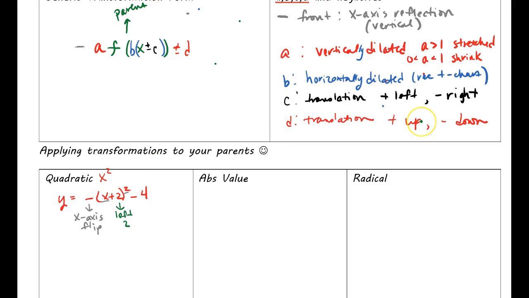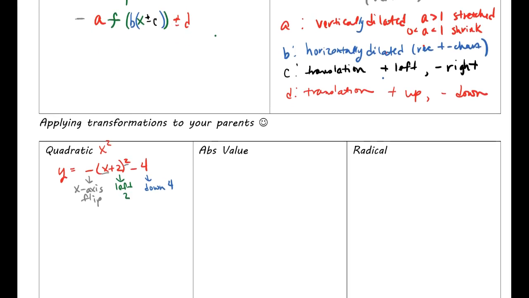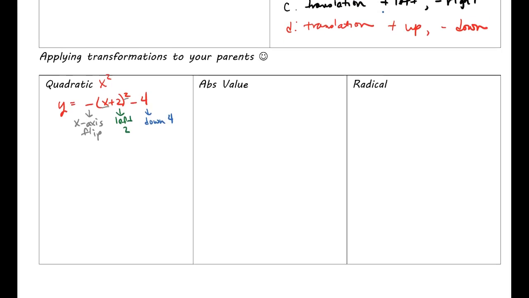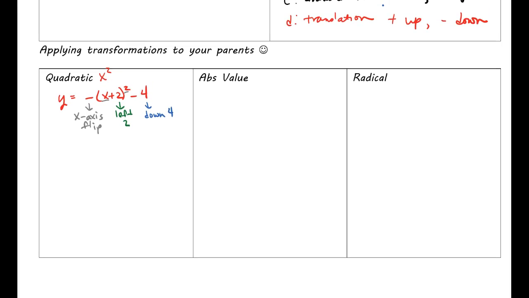And the D says you're going to translate it up or down. So if it's a minus 4, I know this is going to go down 4 units, okay? So you use this to take your notes as to what numbers are in the equation and what's going to happen, and then all you have to do is draw your function.